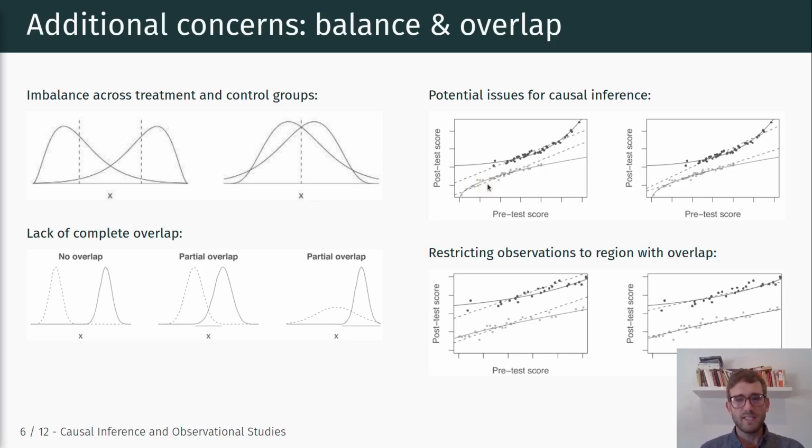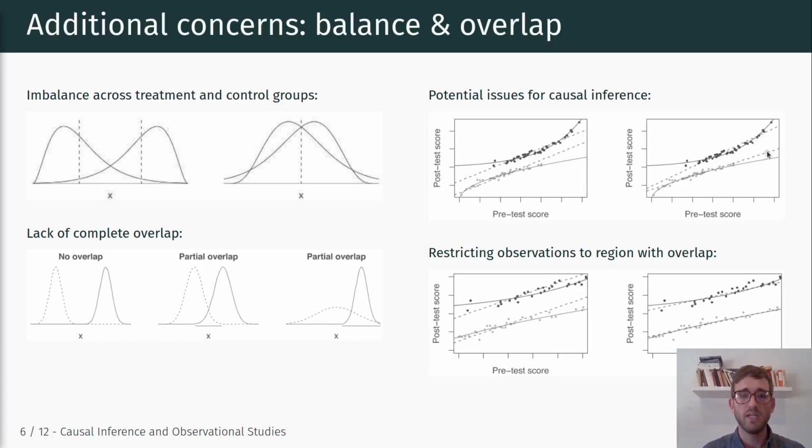Now suppose that, instead of or in addition to this model specification, we include an interaction term, because now we suspect that there might be a heterogeneous treatment effect for different levels of pretest scores.